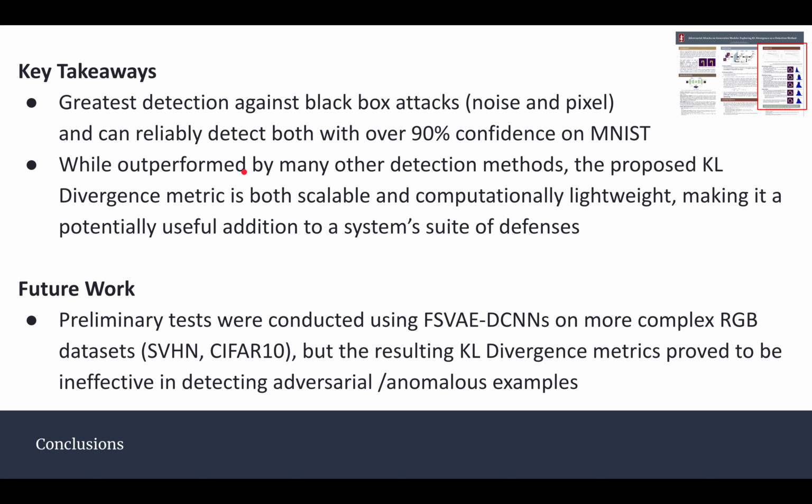So the key takeaways from this project are that, 1, we're getting a lot of good detection against noise, which is straightforward, and pixel, which is more exciting, attacks with over 90% confidence on MNIST. Secondly, while this metric is easily outshined by many other more complex detection methods, the 2 main benefits of this method are that it's scalable and very lightweight with its computational requirements, requiring only an order 1 computational requirement during deployment test time.